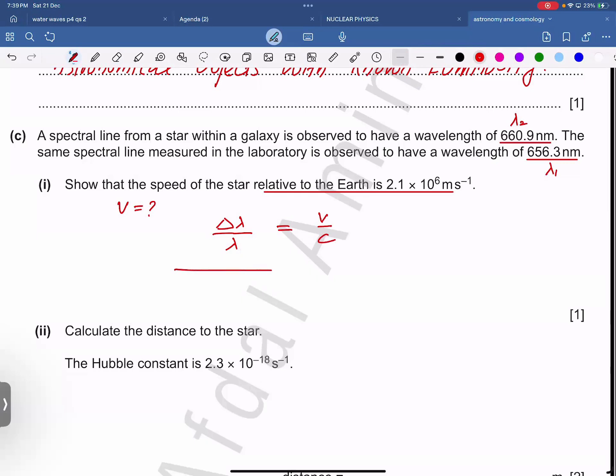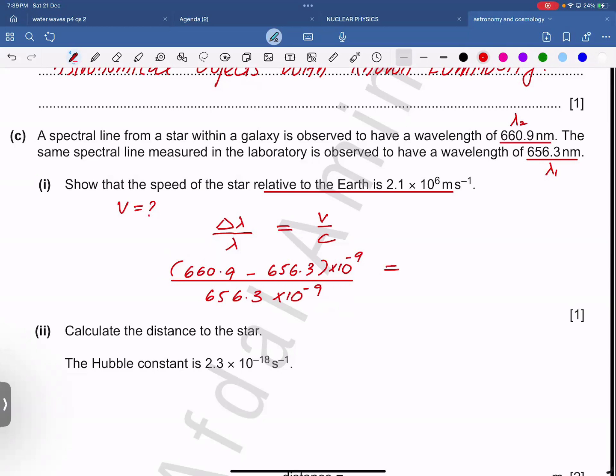Delta lambda is the change in wavelength, my dear students, which is the longer, 660.9 minus 656.3 nano, over the smaller one, which is on the Earth, 656.3 nano. v over c. c is 3.0 into 10 power 8.